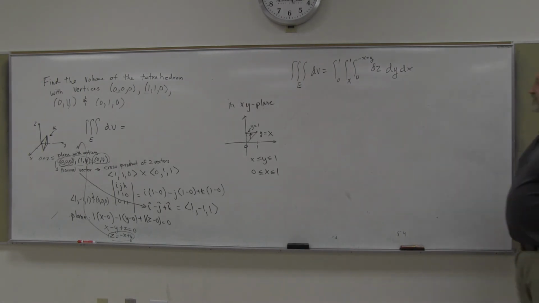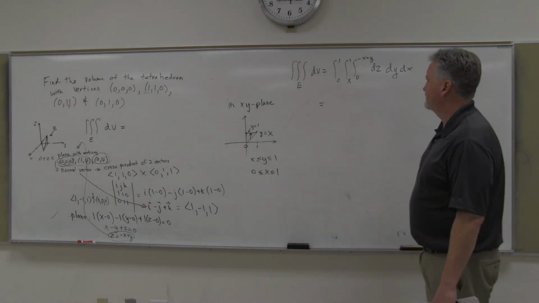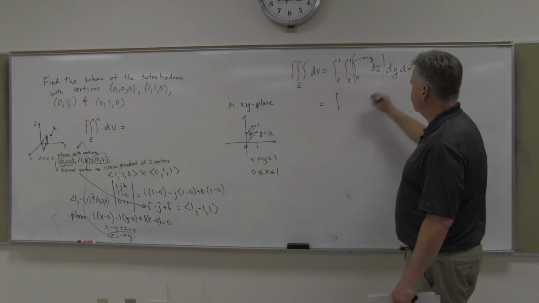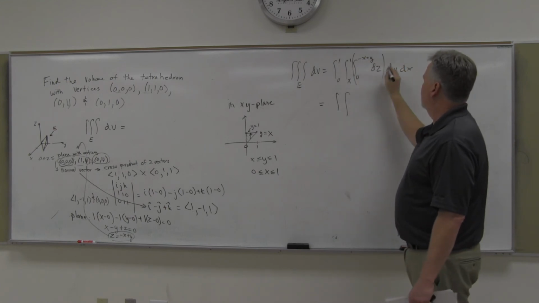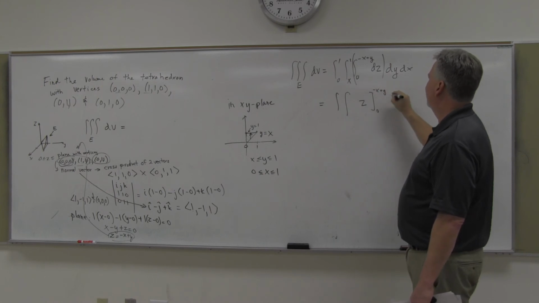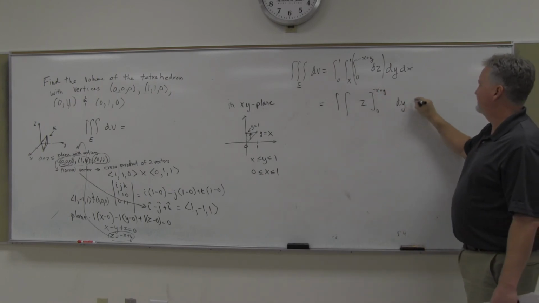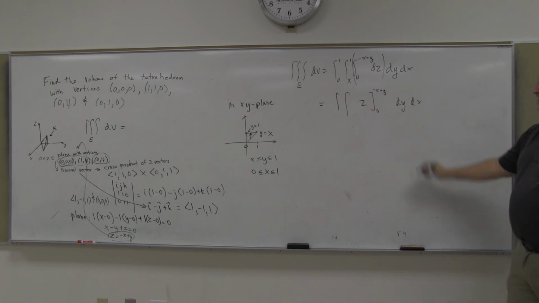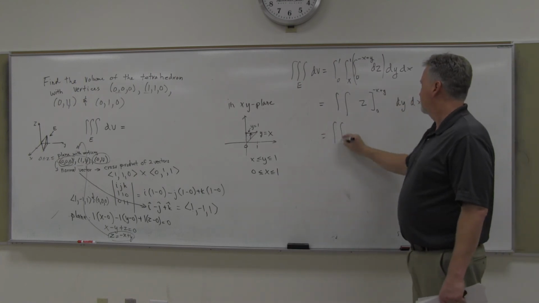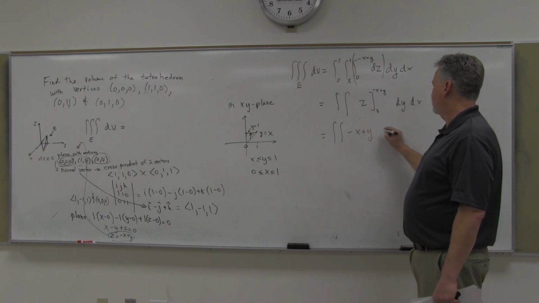And this is probably an easier one than the previous one. So do the z's first here. When you do that, it's just going to be this minus that, so negative x plus y.